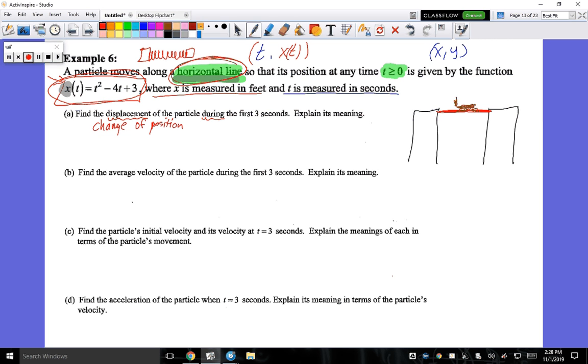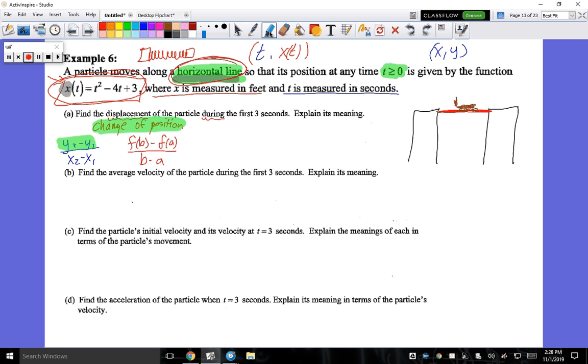Believe it or not, you've been doing displacement for a long time. Displacement comes from a piece of what you've been doing since Algebra 1. Guess what part of this fraction is displacement? The numerator. Change in position is what displacement is. And what you now know it as is f of b minus f of a over b minus a.